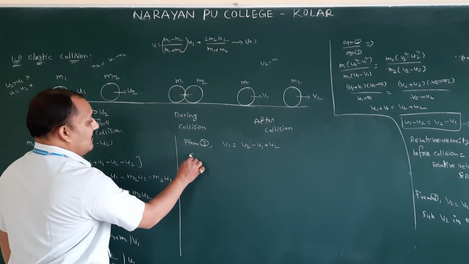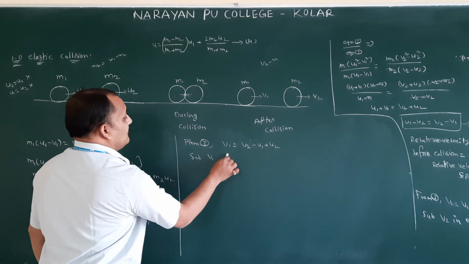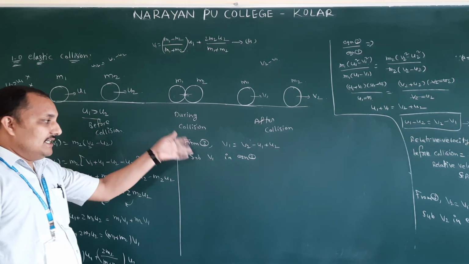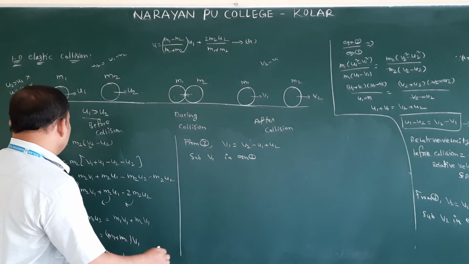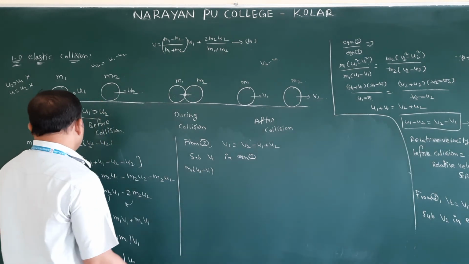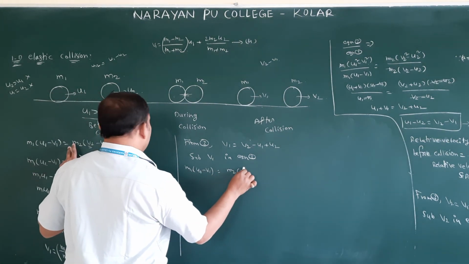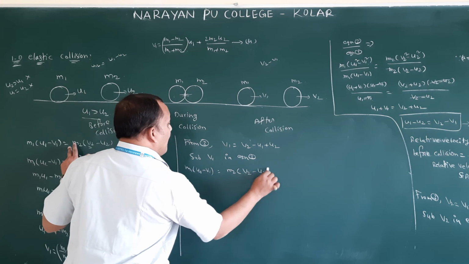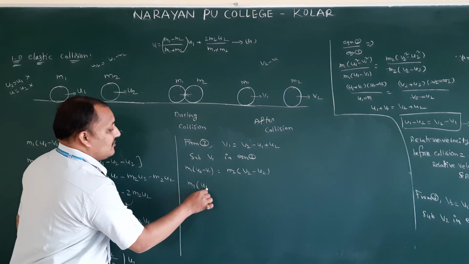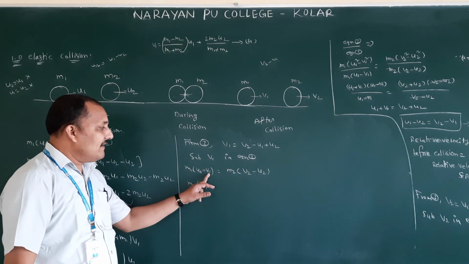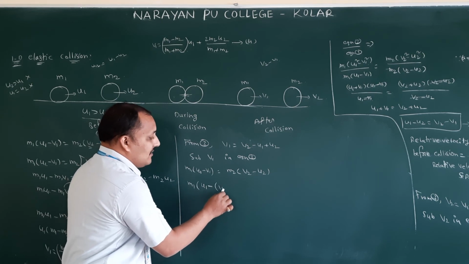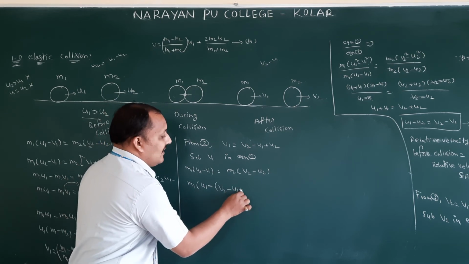Now substitute v1 in equation 1. Again same. In equation 1 you have to substitute. What is equation number 1? m1 into (u1 minus v1) is equal to m2 into (v2 minus u2). So u1 minus v1, value how much? Minus is there, therefore carefully we have to write v2 minus u1 plus u2.